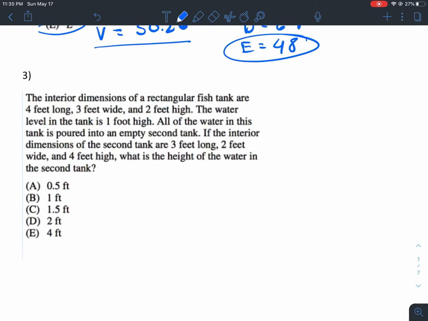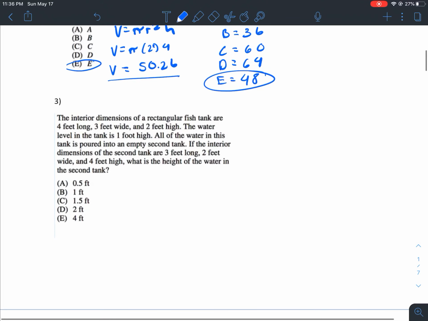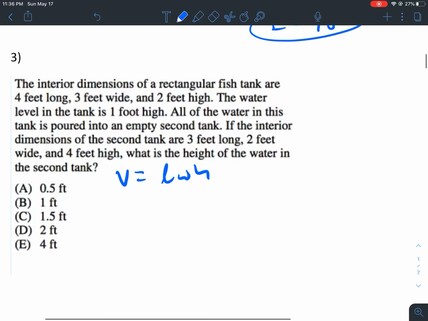So first, let's find out what's the volume of the water. Now, if we have a rectangular fish tank, that's going to be this shape here again, right? We're going to use our length, width, height. Now, if we are trying to figure out how much water is in there, when you fill up a fish tank, the base fills up first, right? However, the height varies. If you think about as you're filling a fish tank, the height of the water is what's going to change.